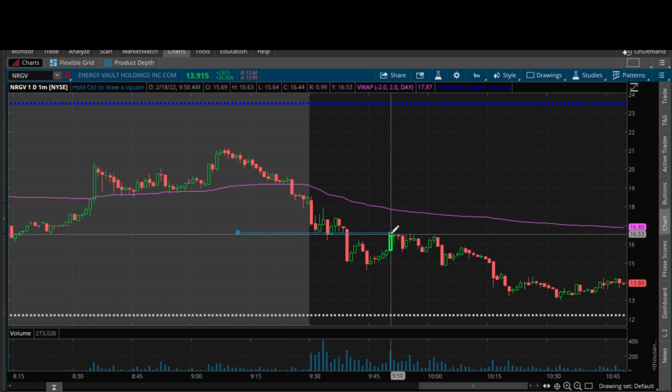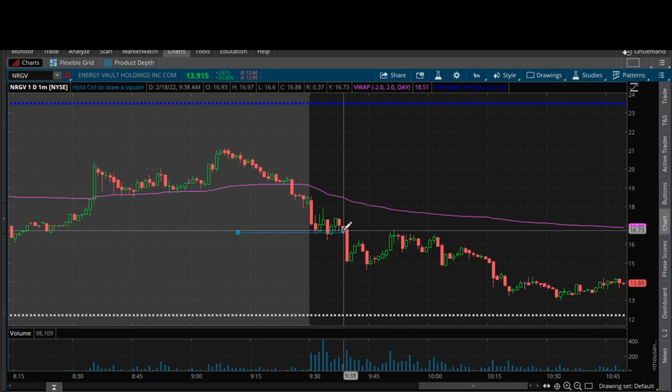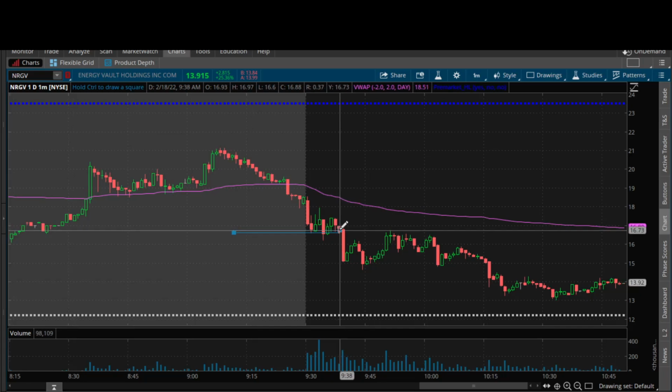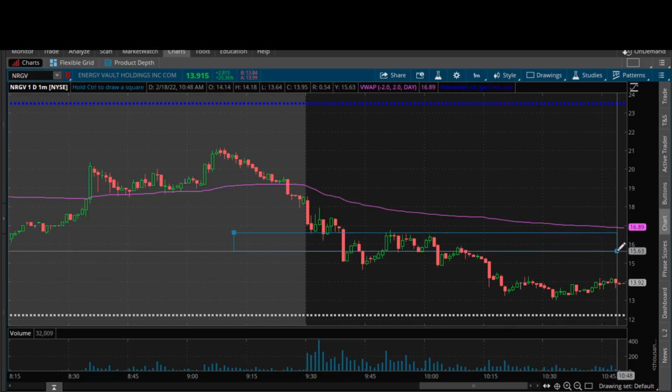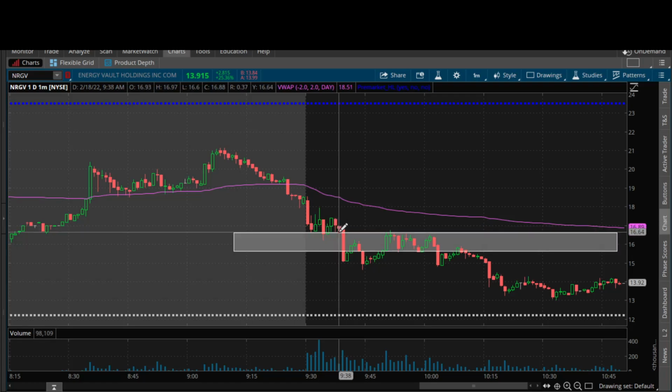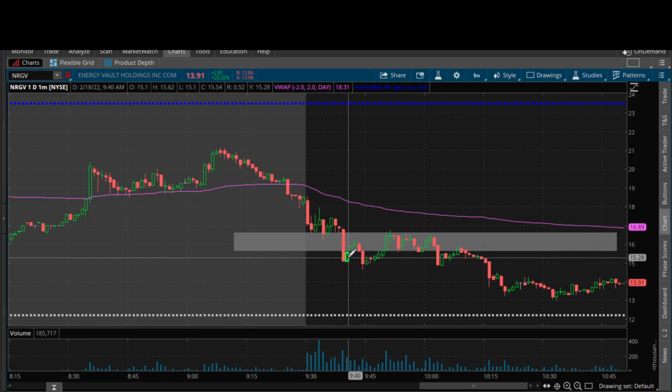For this example, I'm going to take the bottom of the first candle to the top of the 3rd candle. So boom. Again, 1, 2, 3. 3 candles create that fair value gap.